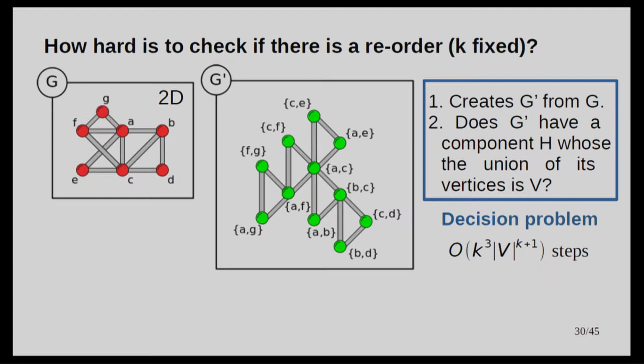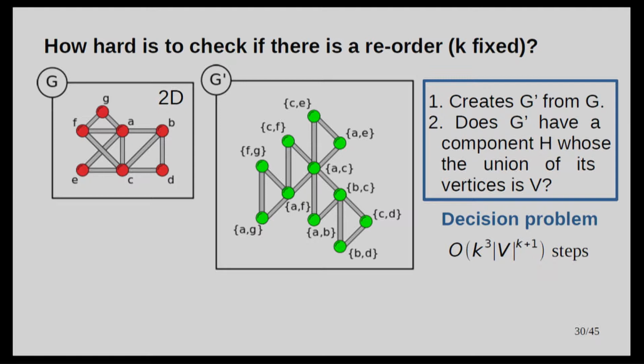So we can build this graph, and it turns out that the decision problem, whether or not there is a reorder, is easy to solve if we have this graph. We just need to look if we can find a component of this graph whose union of the vertices is the vertices of G. If we find this, we can solve the decision problem.